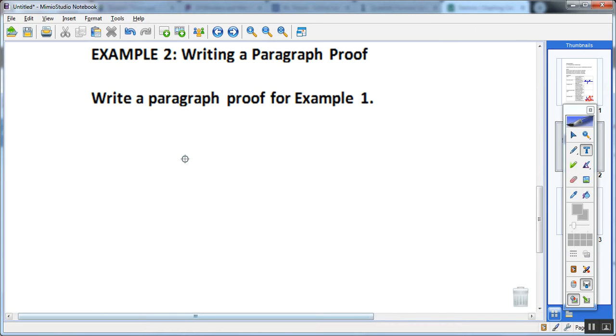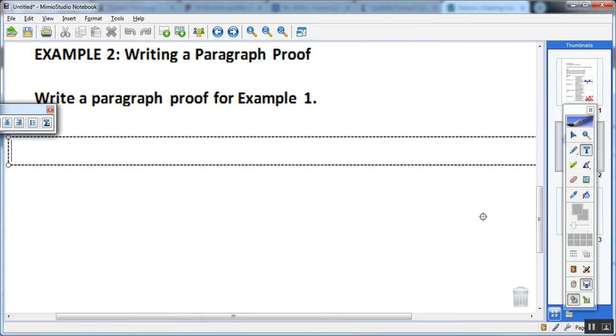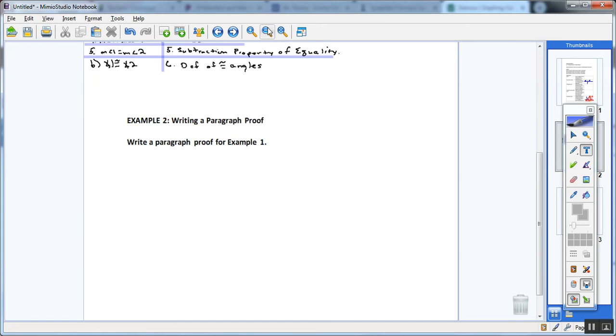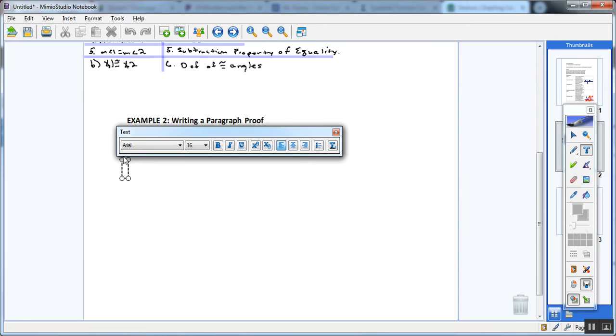I'm going to start writing right in here, in the text box.